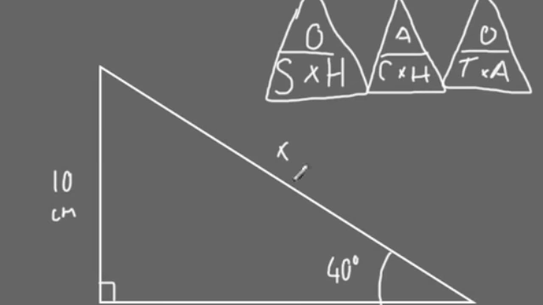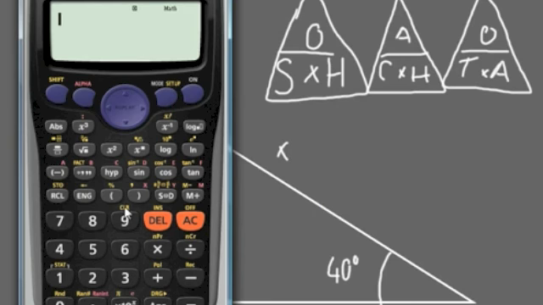So in my calculator, it's going to be 10 over sine. Now this time it's not sine to the -1 because we're finding a length. It's the sine of the angle, and we write it like so. Sine is just here, then you put in the value. Check you're in degrees mode, and that tells me the length of the hypotenuse is 15.56.